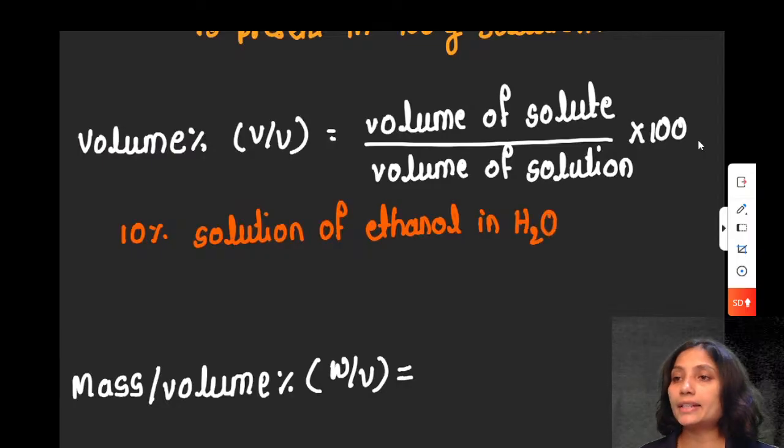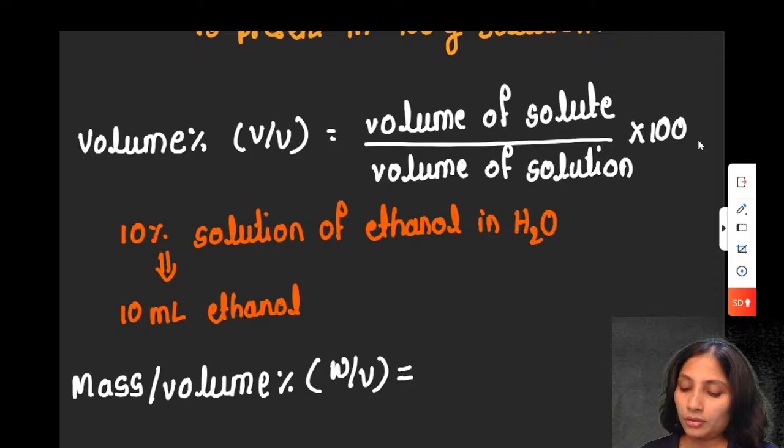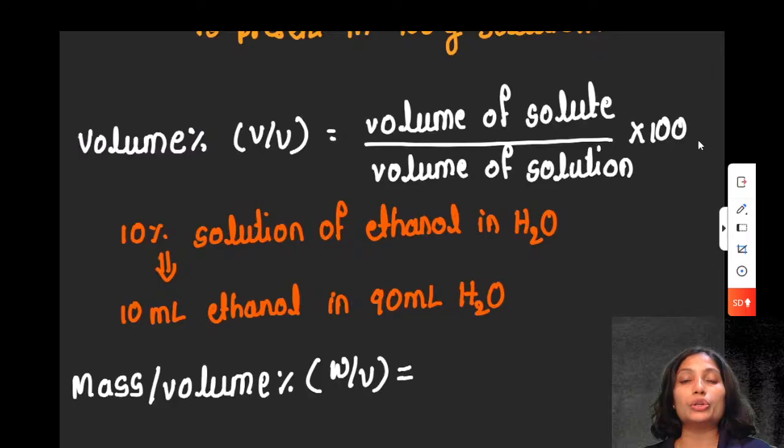What does this indicate? This is nothing but we have 10 ml ethanol in 90 ml water. And together they are making 100 ml of solution. So this is what volume percentage means.